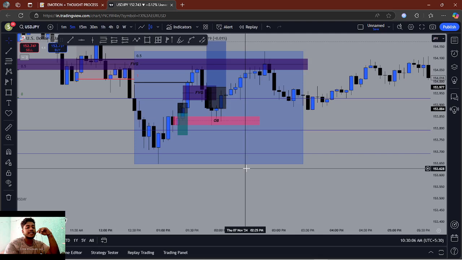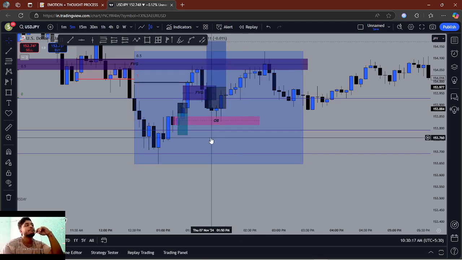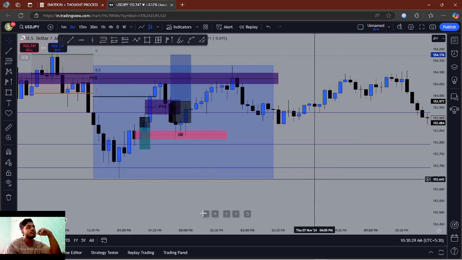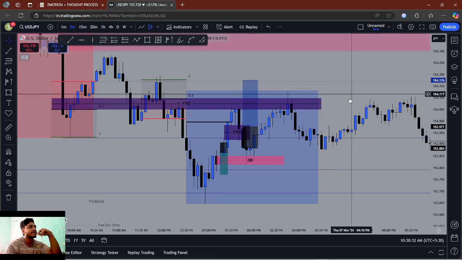On the basis of that, I try to predict which way my bias should be for the London session. Is it gonna go up, is it gonna go down, depending on the point of interest I have, right? Depending on the point of interest, the session opening price, and understanding of volume and volume profile, things like that.